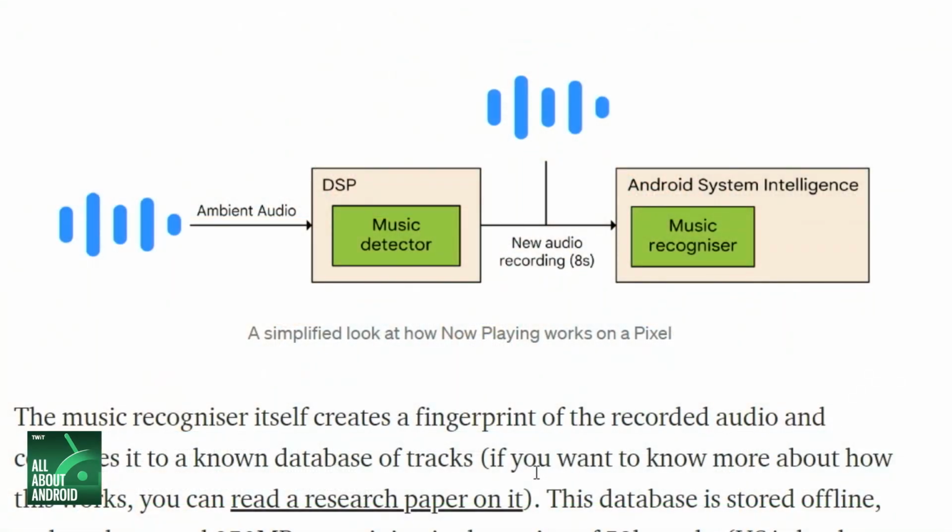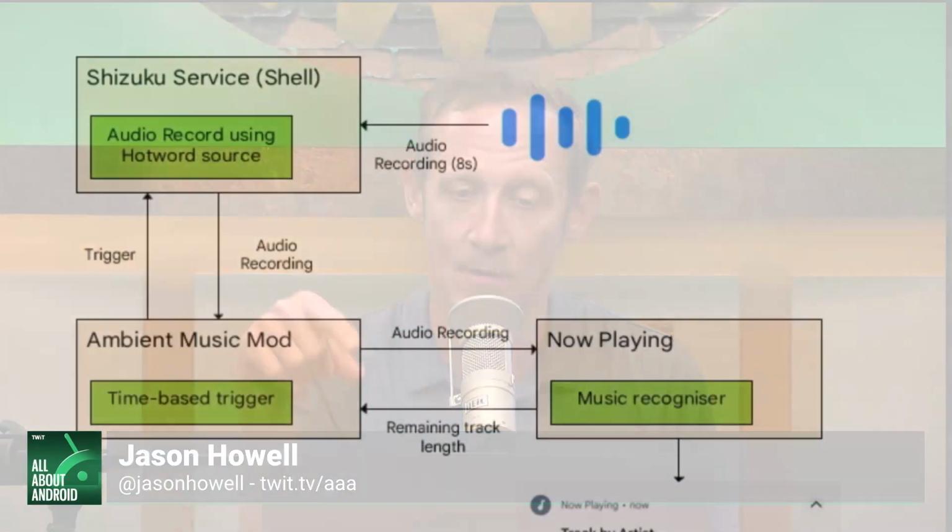No, all it's really doing is recognizing, oh, I think that's music and it's probably playing right now. Once it does that, it tells the Android System Intelligence app, and if the user isn't on a phone call at that point or isn't actually playing music on the device itself, which would be feeding into its own system, which it wants to avoid, then it takes an 8-second recording of the music that's playing, and runs that through the track recognition system.